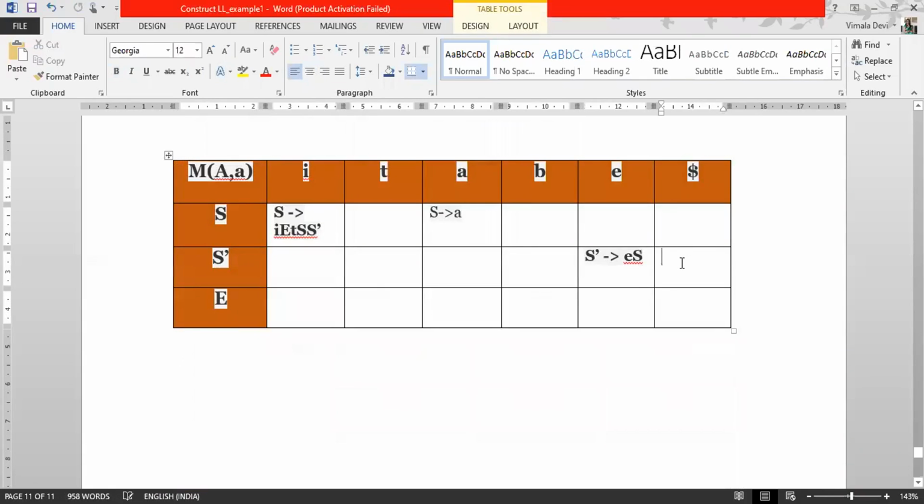So I have to fill here S' derives epsilon, and the same rule is to be updated here also. So let me copy this epsilon and write it here.